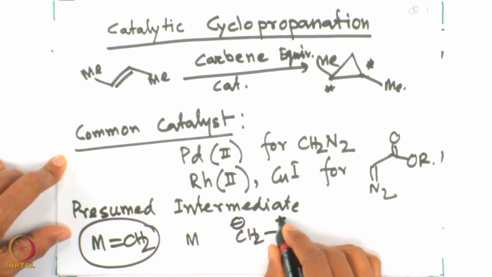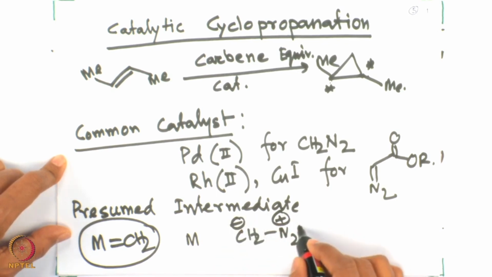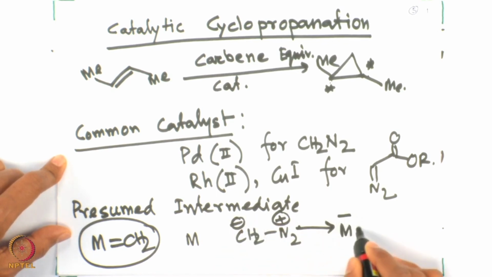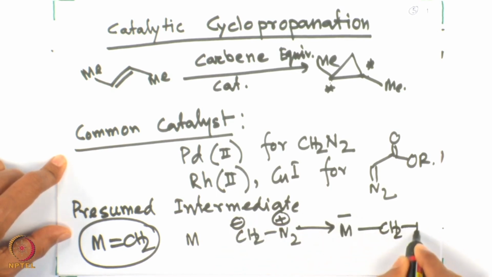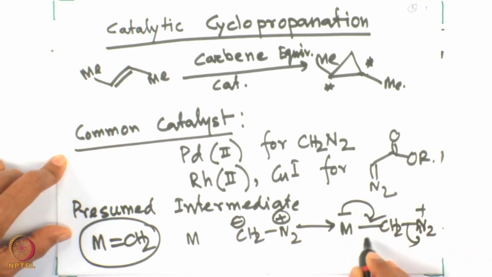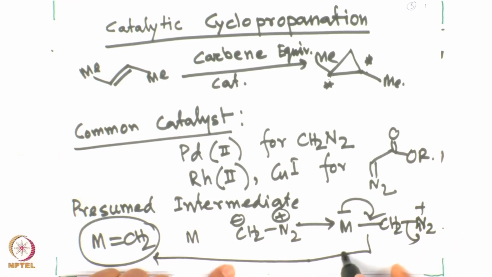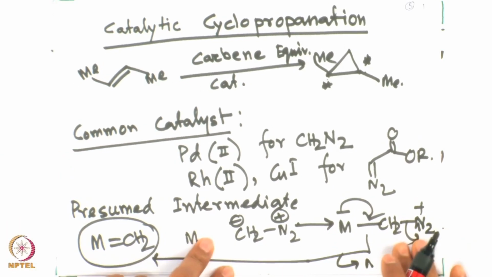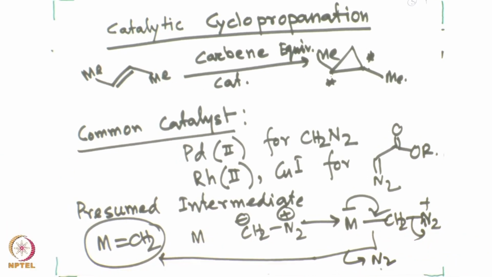So, CH2 minus and N2 plus, what you might get in the process is M minus CH2 and N2 plus reagent. Overall, you end up getting MCH2 plus, of course, N2 comes out from these reactions. So, what we have seen right now is diazomethane reacting with metal to give the metal carbene intermediate.